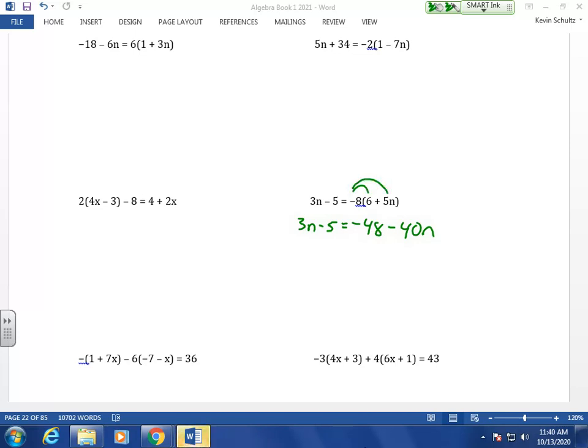Now that I've done that, I've just got a standard variable on both sides equation. In the interest of keeping my coefficient positive, I'm going to move my n's to the left side by adding 40n. -40 plus 40 is 0. 3 plus 40 is 43n minus 5 equals -48.